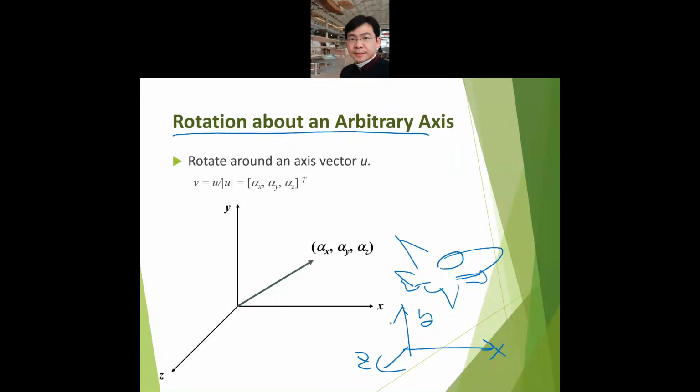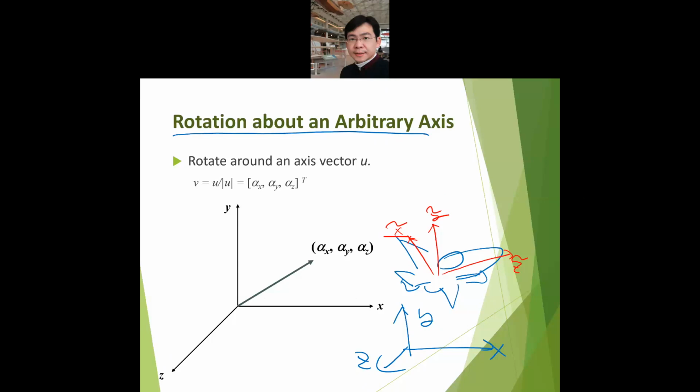But when we want to control an airplane, what we usually do is have a local coordinate. For instance, this could be the local z here, this could be the local x here, and we can have a local y here, right? That is the so-called local coordinate of the airplane.